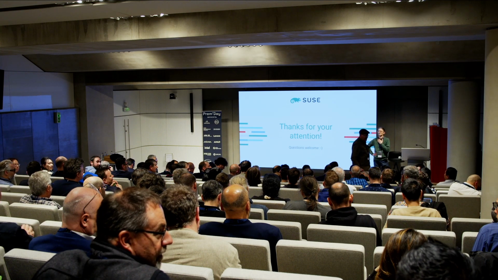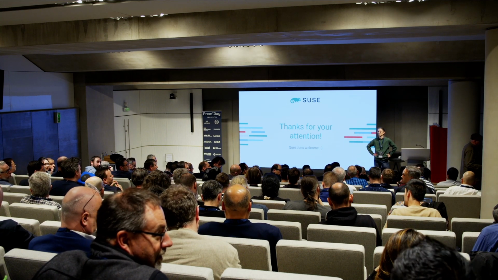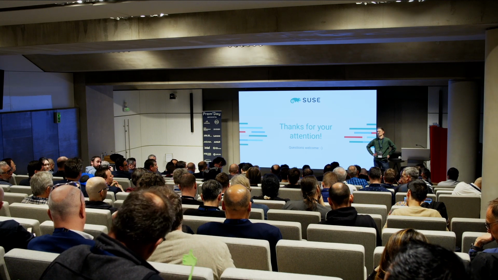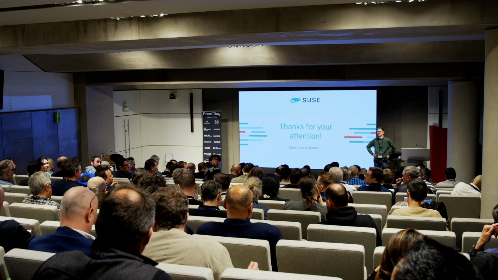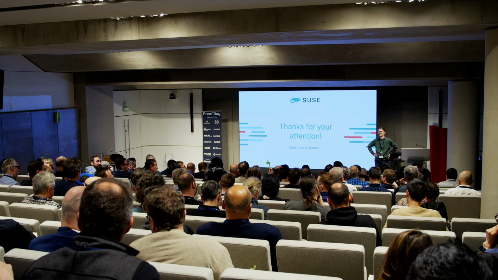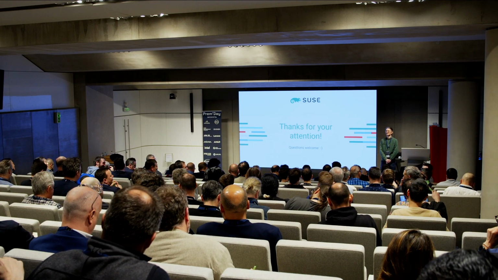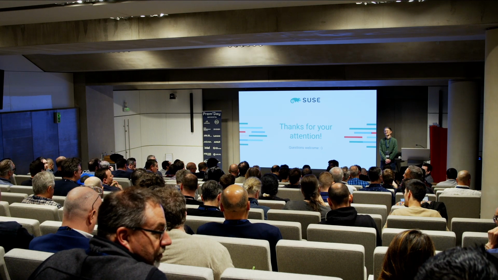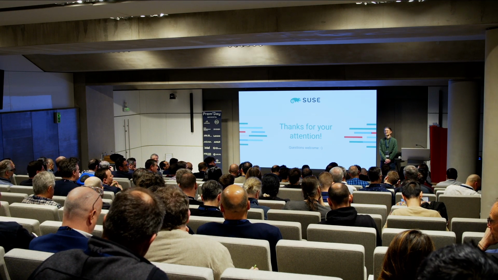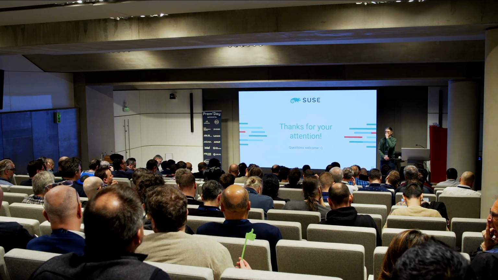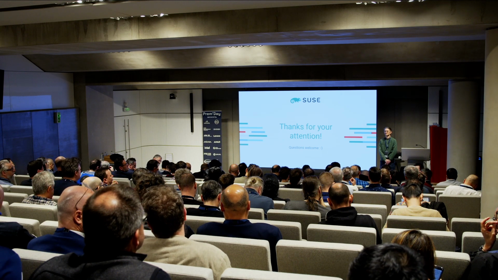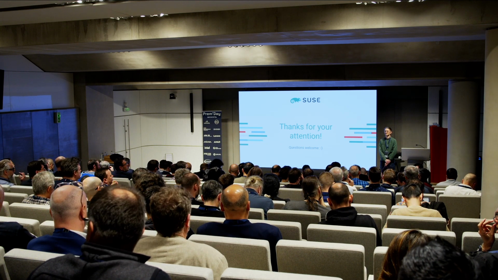Thanks again for Dmidecode, because it's really important for a lot of things. I have one request for the OEM vendors. Please fill the fields correctly, because when the serial number is 1, 2, 3, 4, 5, 6, it's not very useful. This tool is really useful when you receive the machine and you need to match it in the DCIM, in your inventory, to know what space and what kind you need it for. So the serial number is the first thing to match the hardware ecosystem with the software one.